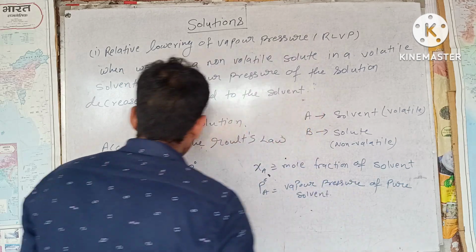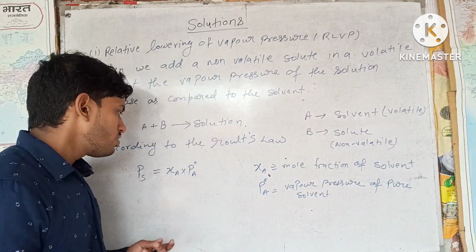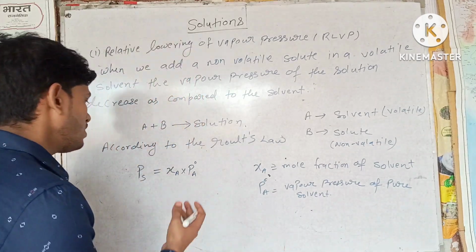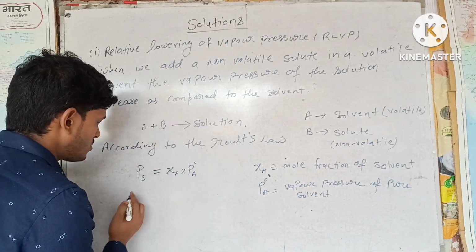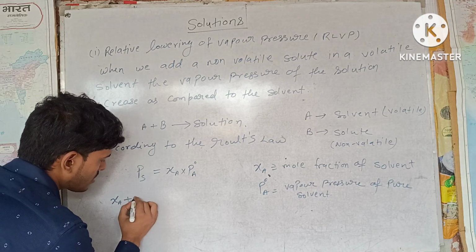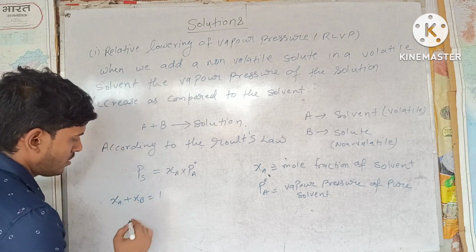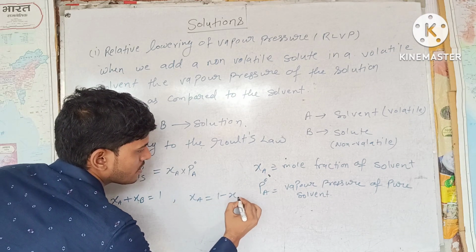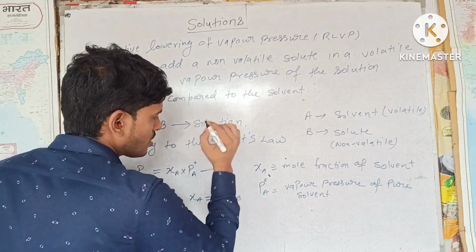We know that the sum of all mole fractions in a solution is equal to 1. So XA plus XB equals 1, and from here XA equals 1 minus XB. This is equation 1.